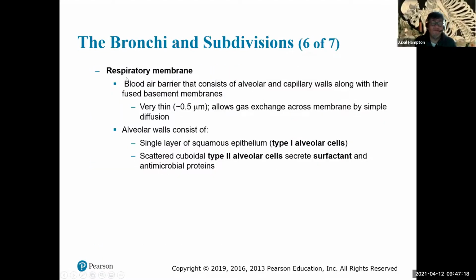We call this the respiratory membrane. It's very thin and allows the gas exchange across the membrane by simple diffusion. Again, alveolar walls consist of a single layer of squamous epithelium. There's a scattering of cuboidal cells within that make surfactant.